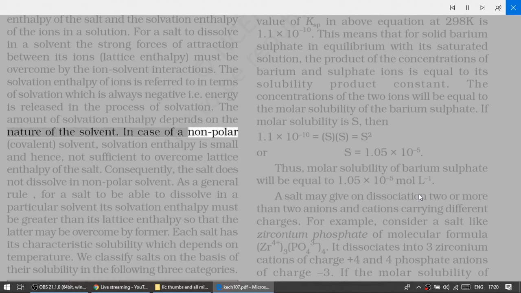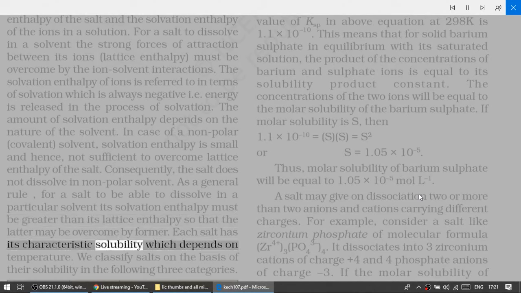In case of a nonpolar, covalent solvent, solvation enthalpy is small and hence not sufficient to overcome the lattice enthalpy of the salt. Consequently, the salt does not dissolve in a nonpolar solvent. As a general rule, for a salt to be able to dissolve in a particular solvent, its solvation enthalpy must be greater than its lattice enthalpy so that the latter may be overcome by the former.